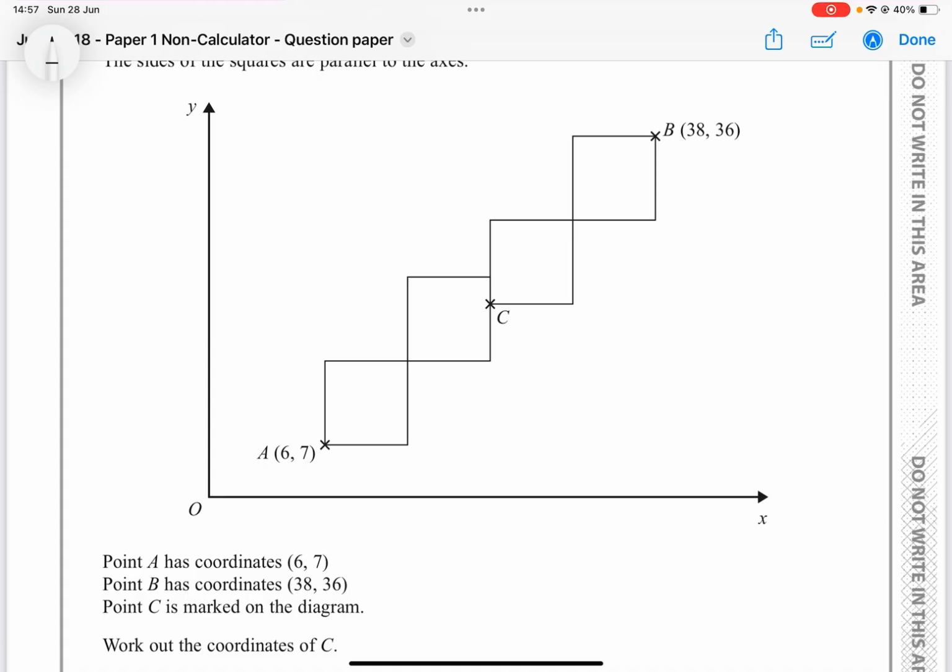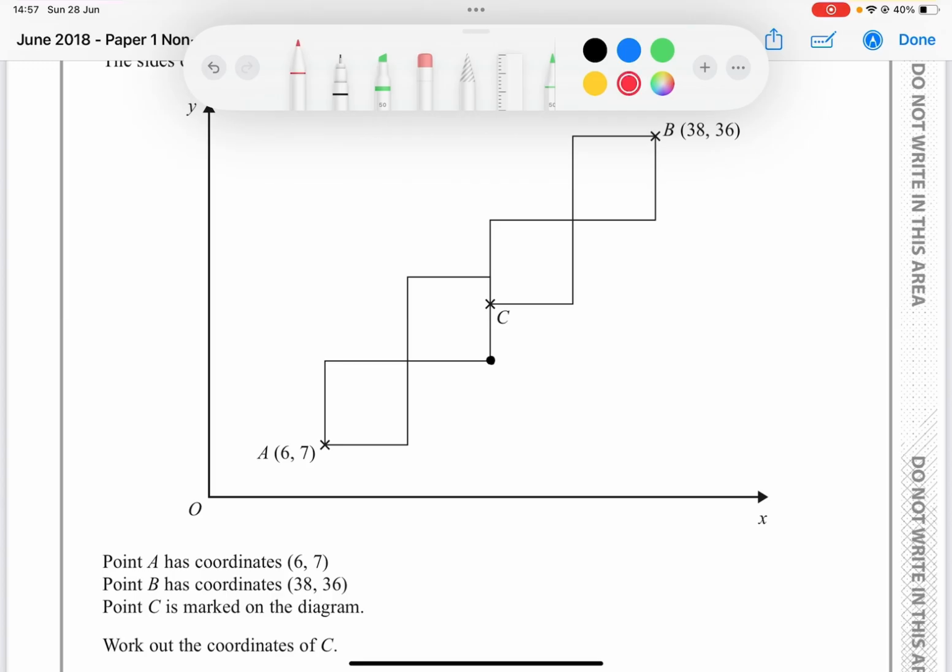Now, what we want to do is, what could we do here? We could work out the coordinate of that point over there. That would be the x value for the coordinate of C. Now in order for us to do this, we need to work out the whole entire length from here to here.